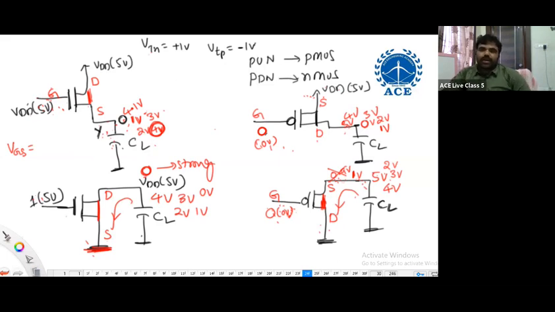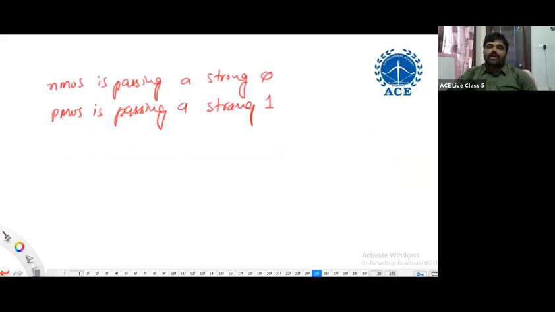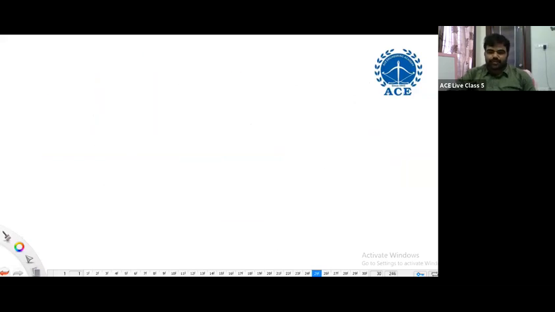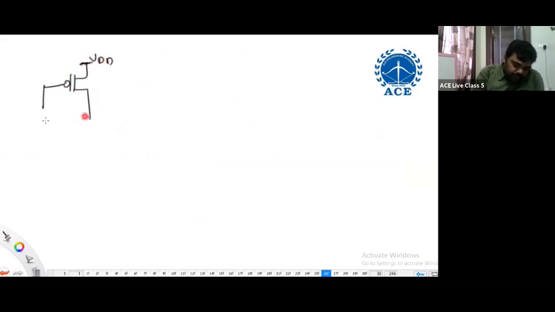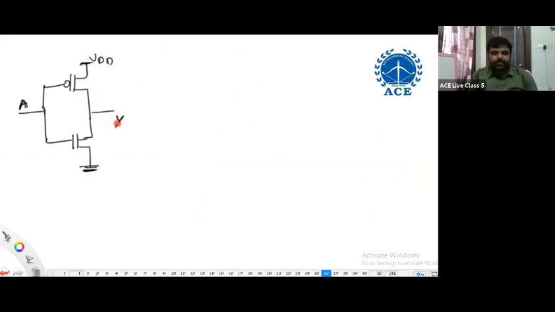Right? If you are understanding this, let us see how to construct these CMOS circuits. Let me take simple on and off conditions only. Very simple. If I use an inverter, here the input is A and the output is Y. What can it be?